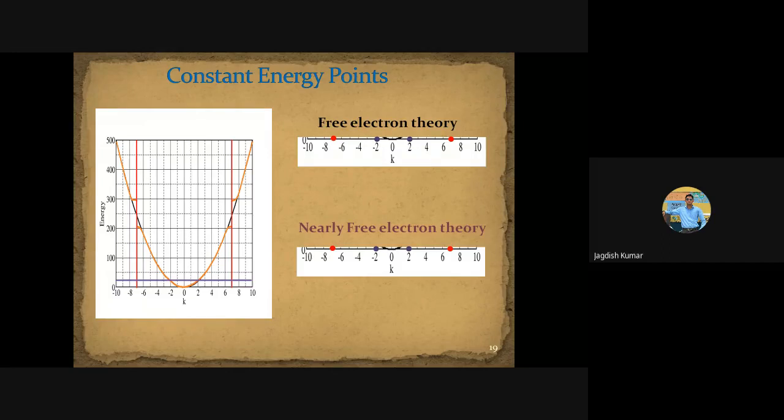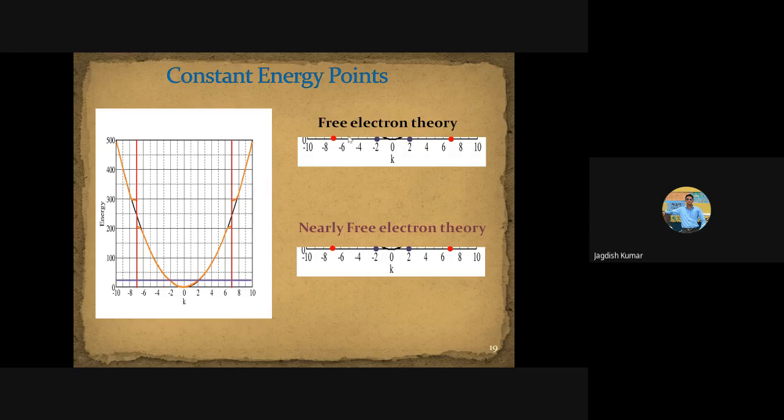Rahul is asking, does the energy get changed as the area of the Brillouin zone is higher or smaller? Oh, Rahul, you got it the wrong way. The area of every Brillouin zone is exactly the same as that of the first Brillouin zone. So the second Brillouin zone has exactly the same area as the first Brillouin zone. The third Brillouin zone has exactly the same area as the first Brillouin zone. That is how we can do a one-to-one transformation, because all the areas are the same. The only difference is that in the second Brillouin zone it is split into 4 parts.